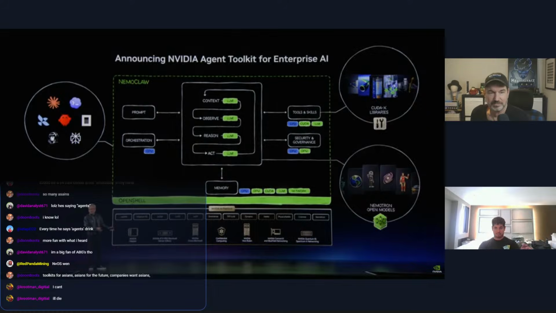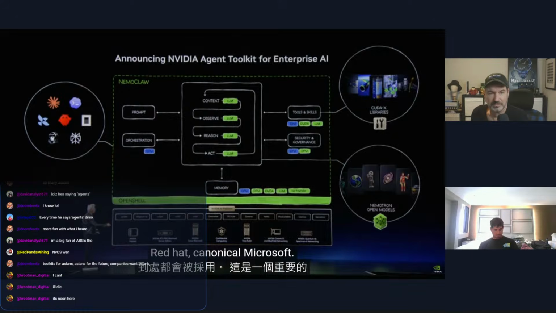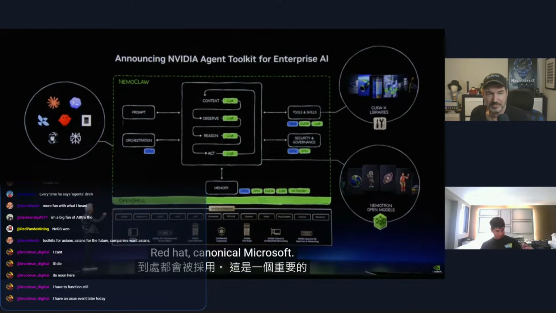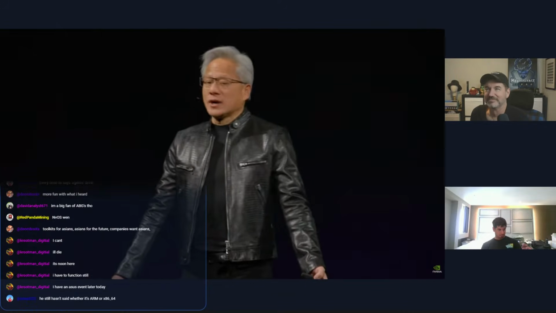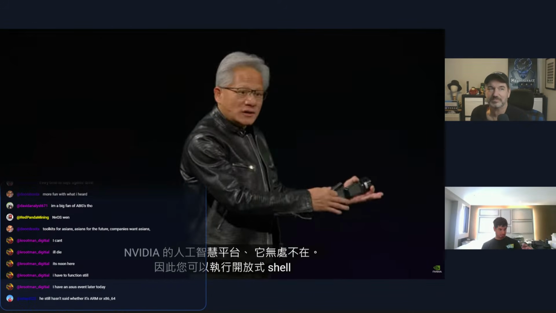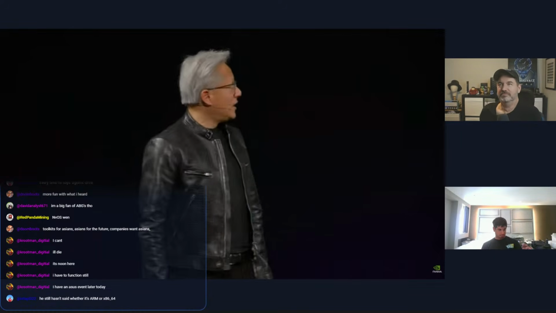Red Hat, Canonical, Microsoft, it's going to be adopted everywhere. This is the runtime. And this runtime is fully optimized for the NVIDIA AI platform, which is everywhere. So you can run OpenShell in any cloud, on-prem, and even on device.